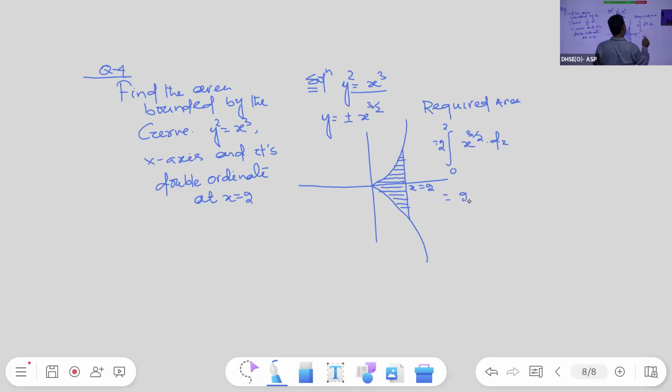This is equal to 2 into x raised to the power 5 by 2 upon 5 by 2, limit is 0 to 2. So 4 by 5 into 2 to the power 5 by 2 minus 0. 2 to the power 5 is 32, root over is 4 root 2. So 16 root 2 upon 5.